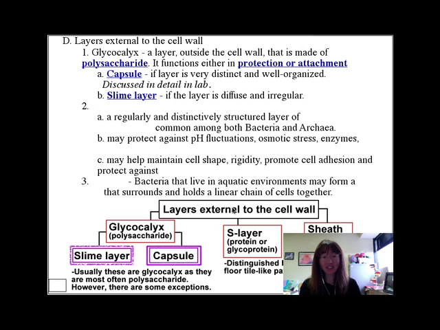Let's look at the next type of layer external to the cell wall. This is the S layer. An S layer is very different from a glycocalyx because, for one thing, it's made of glycoprotein or protein, so it's got a different macromolecular composition. But another thing that distinguishes it, and I'm going to go ahead and draw this, is that it has sort of this floor tile-like pattern.